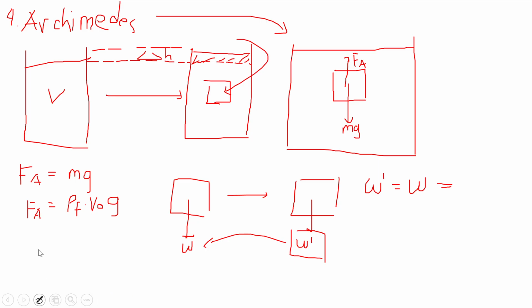Oh shoot, W minus Fa, and to solve for Fa we'll get W minus W accent. Now this is the same, so let's just connect that really quick. Rho F V0 G is equal to the weight in air minus the weight in water.